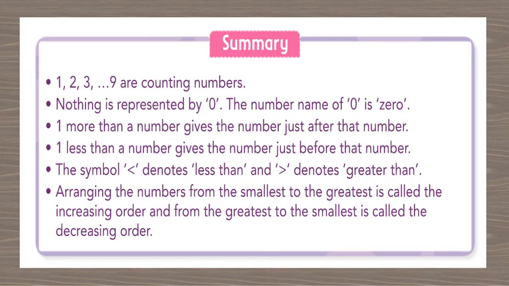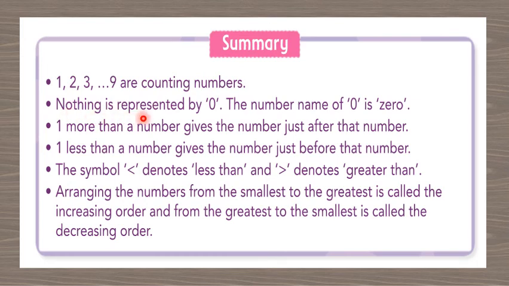And once we successfully solve all those questions, that indicates we have learned all the things in this chapter. Summary of the chapter is 1, 2, 3 and so on up to 9 are counting numbers. That means these numbers are used to count some objects.